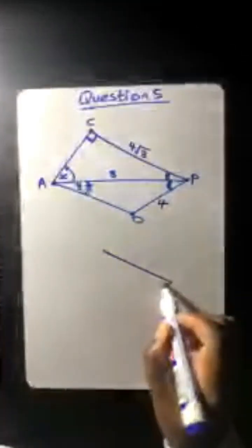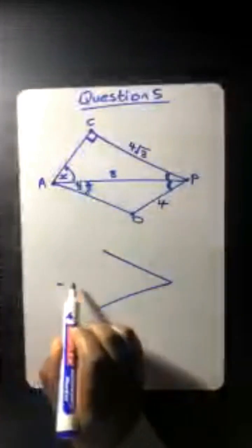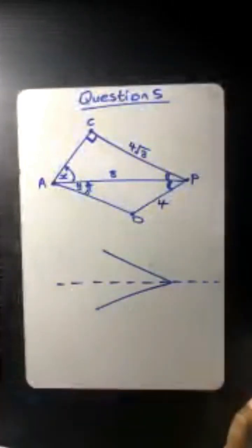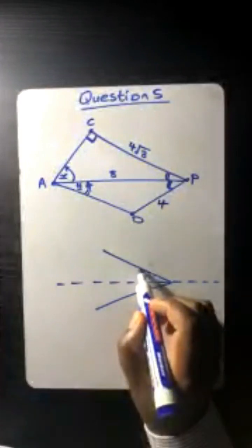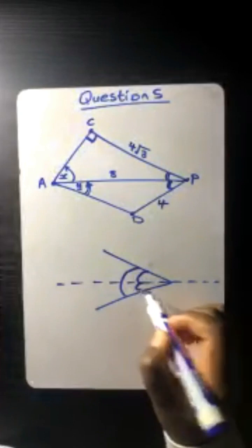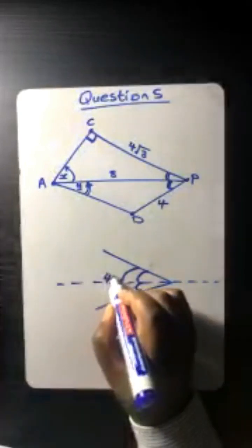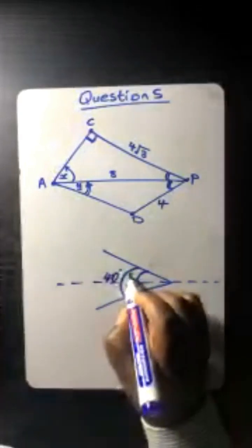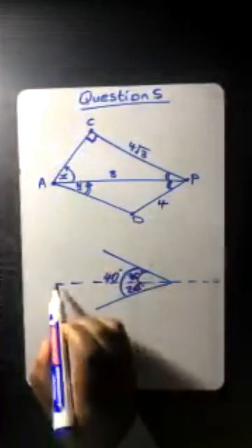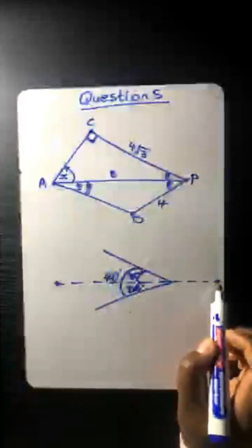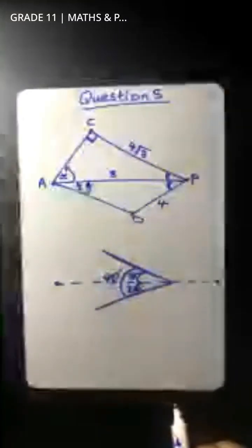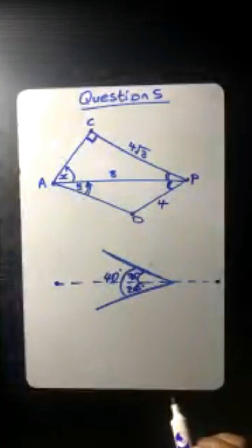When you have something similar to that, and they say you are having a line which bisects, what it means is that it actually cuts this total angle into 2 equal angles. If the total angle is 40 degrees, that means we're having 20 there, we are having 20 there. Why? Because they're saying this line bisects this. I hope that makes sense.